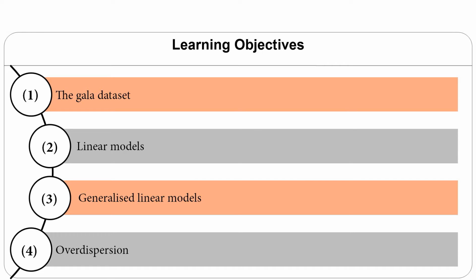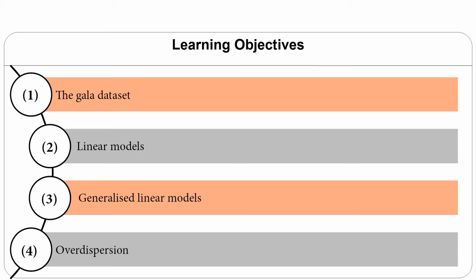Learning objectives for this module. We shall first introduce the gala dataset from the faraway library in R. Next, we will look at trying to build predictive relationships from this data, firstly using linear models.